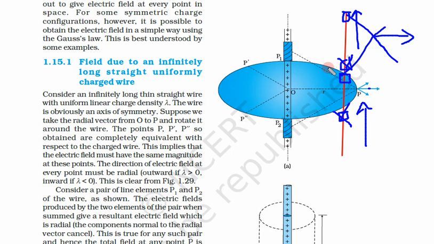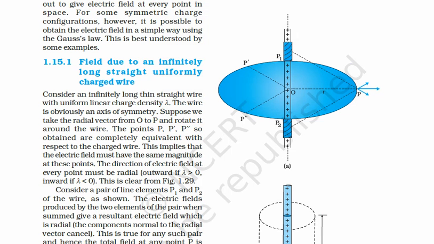In the first case we saw that if we rotate this point, it will create a circle. Next, if we move this circle in the y direction, what will it create? It will create a cylinder.